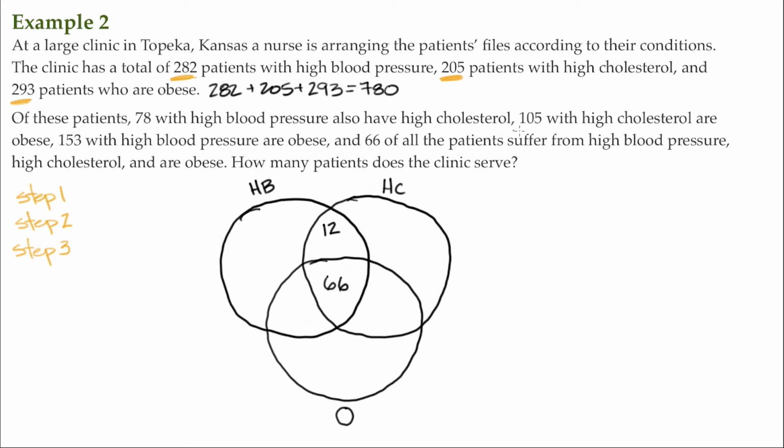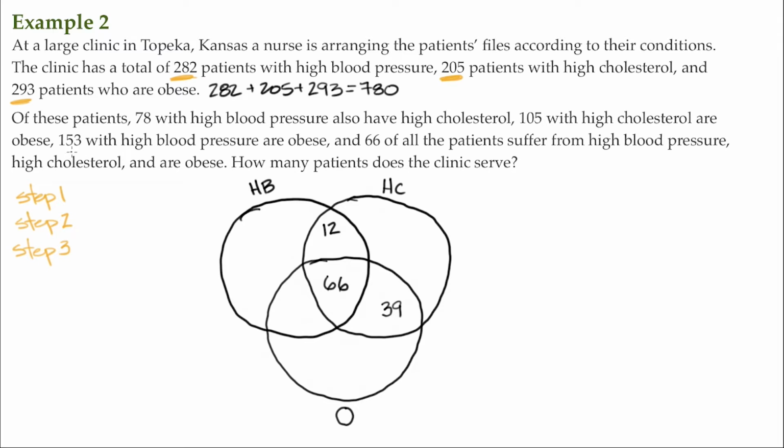As I continue reading, 105 with high cholesterol are obese. So that would be this group here. And again, 66 are already accounted for. So if I want 105, I need to account for 39 more. So hopefully you could see how this Venn diagram is starting to fill out.